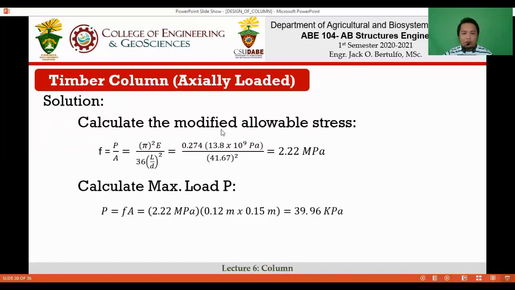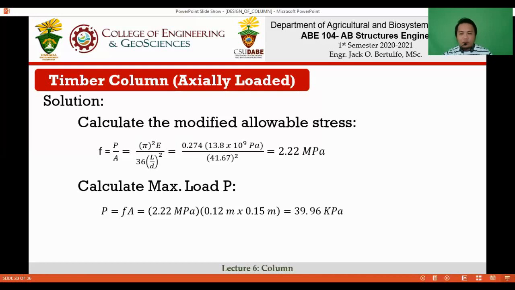Okay, so if you have questions in case I made a mistake in the calculation here, you can just ask me. But the process is the same. First, you need to identify what type of column. Then after that, you calculate the modified allowable stress.